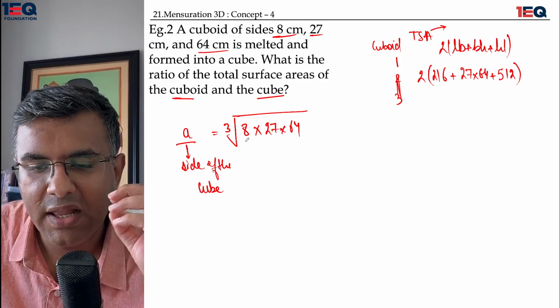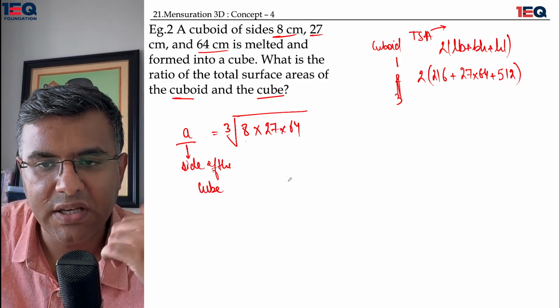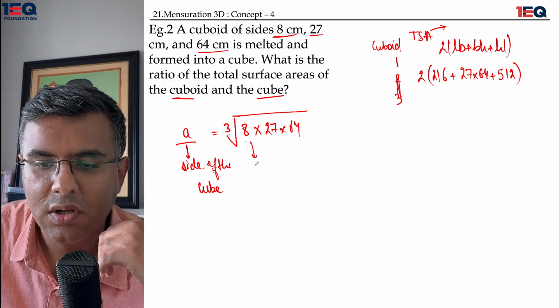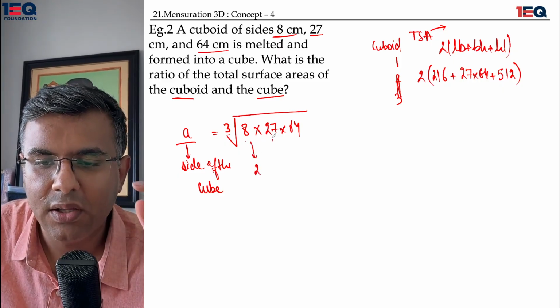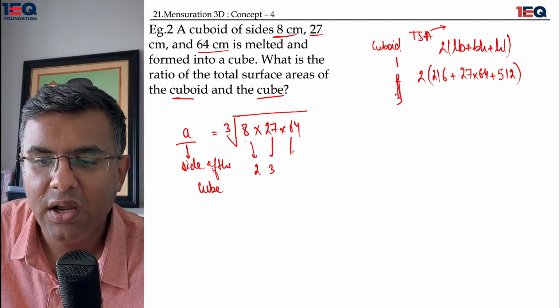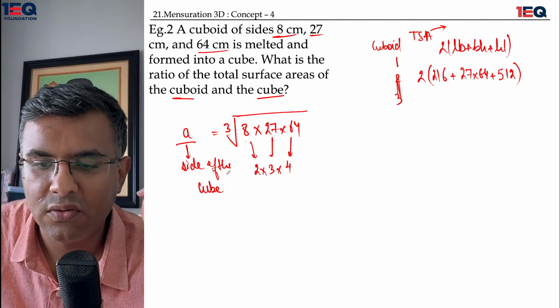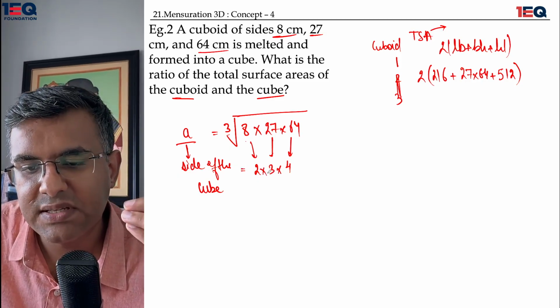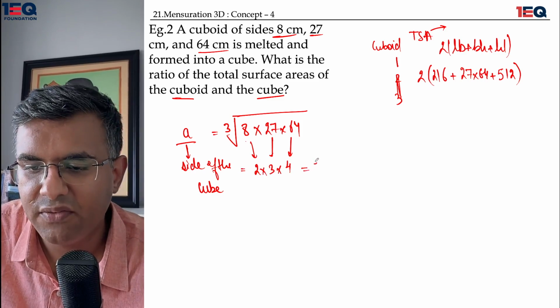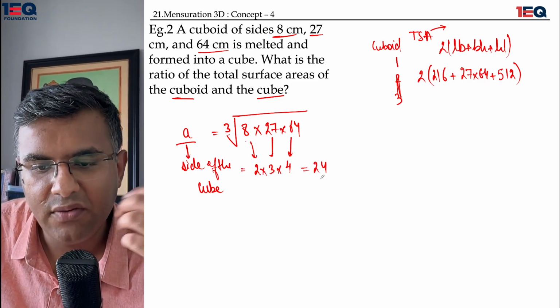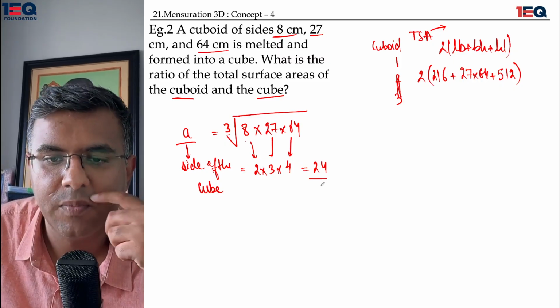Here, I'll need to find out 3 pairs of each. So 2 cube is equal to 8, 3 cube is equal to 27, and 4 cube is equal to 64. So 2 into 3 into 4 is my answer, which is 24. 24 is the side of the cube.